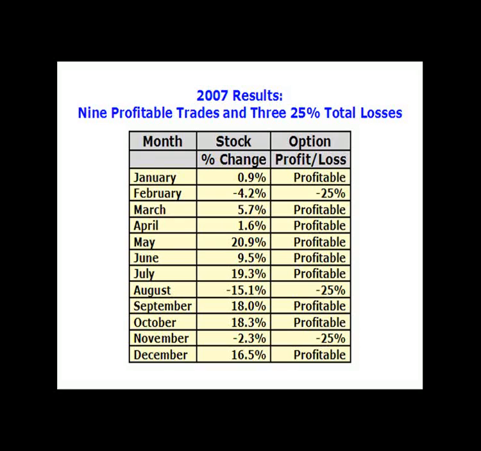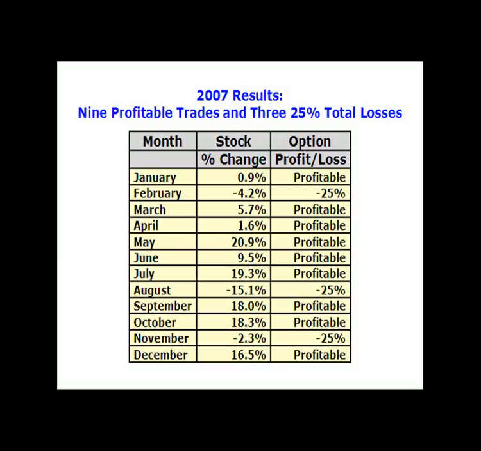The table shows that purchasing a monthly in-the-money call option in 2007 would have resulted in 9 profitable trades and 3 trades with a 25% loss. 5 of these winning trades would result in more than a 100% return. This compares favorably to the previous out-of-the-money example, which had 6 trades with a total loss of the premium.